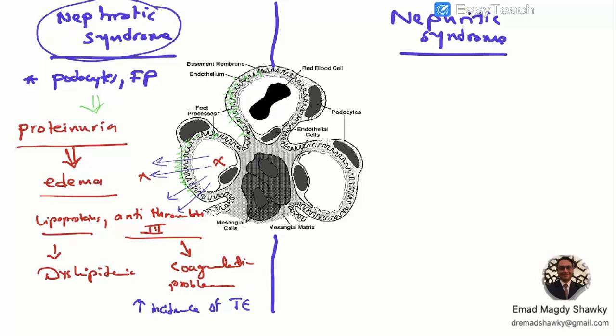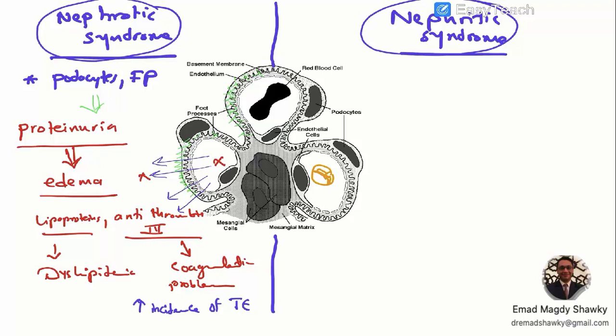On the other side, the nephritic syndrome, the problem is starting from inside or from mesangium. What's the problem? The problem is that there are antibodies. Those antibodies may be just antibodies or complexed, I mean immune complexes or antibodies.